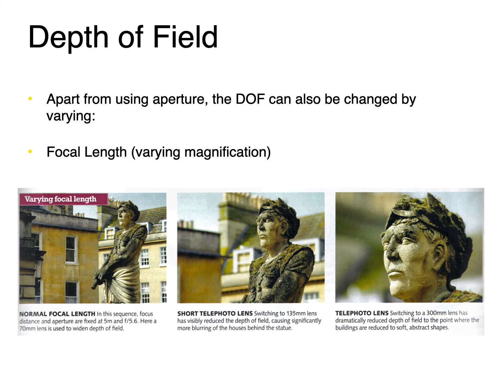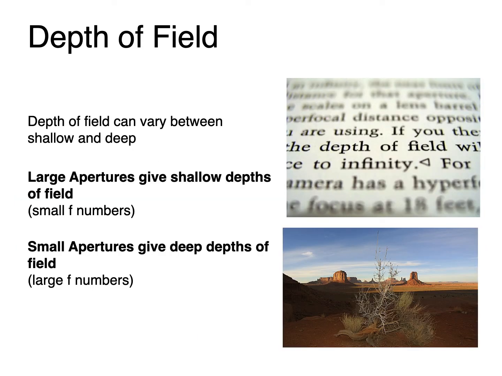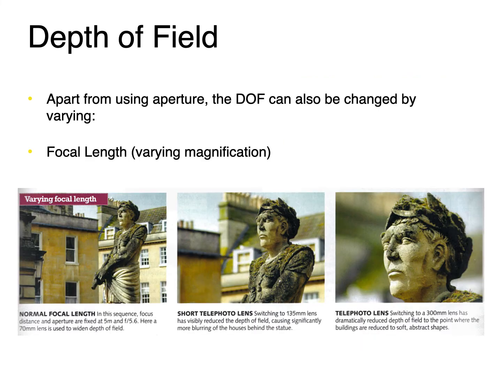Apart from using aperture, the depth of field can also be changed by varying the focal length. Earlier we discussed how to achieve focus using depth of field with aperture.